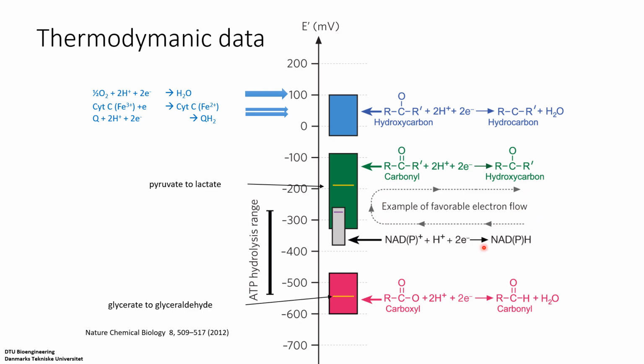If we have NADH, we really want to get back to NAD plus. So that's more favorable. If you can donate those electrons to another system, that could be heme, pyruvate, or something else, then that is a preferable reaction. We can see here that ATP hydrolysis range is in this electron negative area, exactly where we have this change with the NADH to NAD. So that fits very nicely with each other.